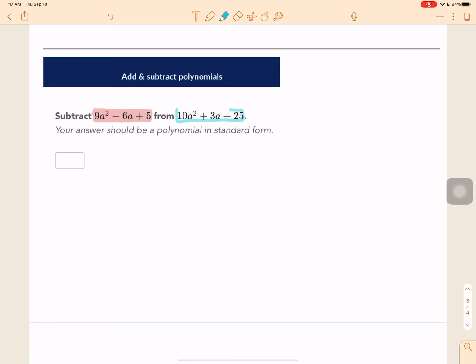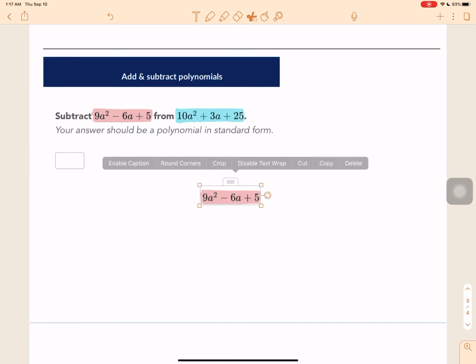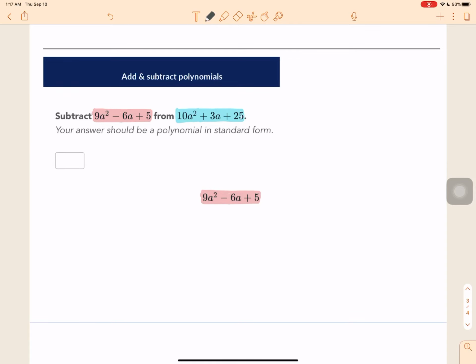They're both polynomials. So whenever we're subtracting something from something else, the thing we're subtracting goes last. So we're going to take this guy, I'm going to make a copy of it. This expression goes second. We are subtracting that whole expression from the blue polynomial here.